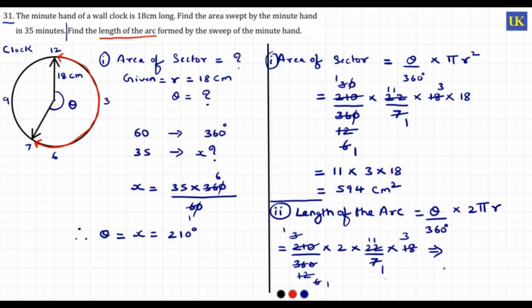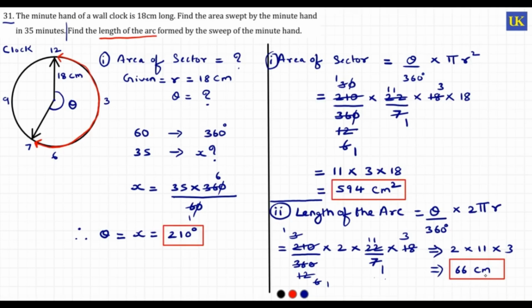So we are left with 2 into 11 into 3, which is nothing but 66. This is the length of the arc. Here we should write only centimeter, because the length of the arc is not area. So the length of the arc is 66 centimeter.